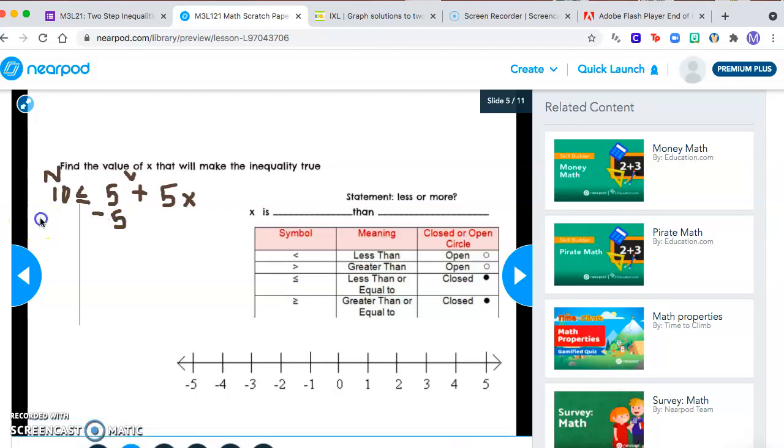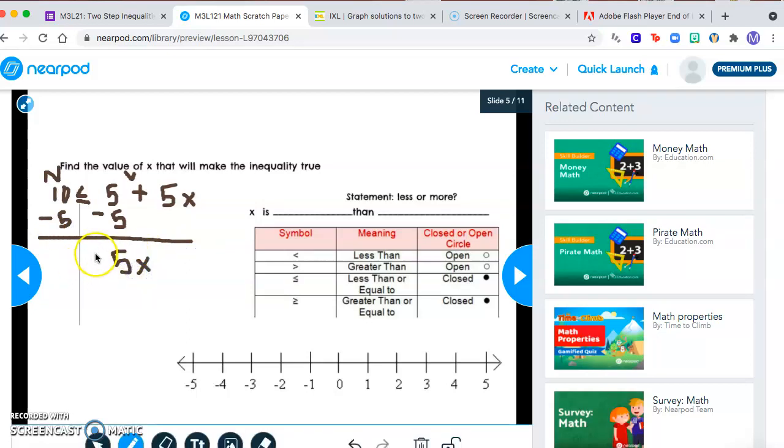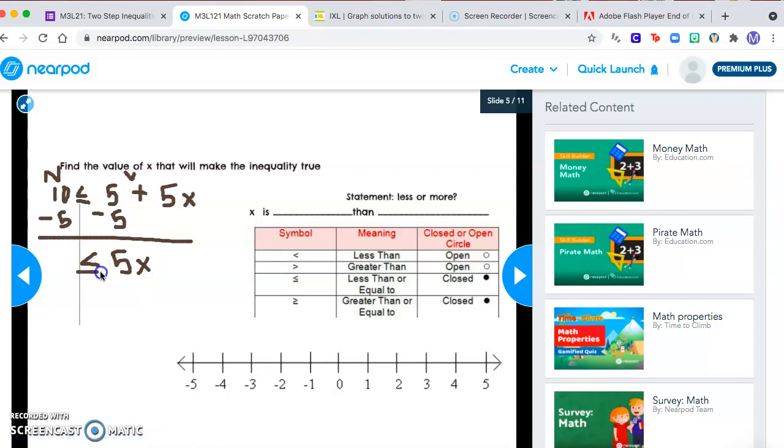So here, for example, you would subtract 5 on both sides, and then you would get 5x here is greater than or equal to 5, and we would divide, right, because you're trying to figure out what times 5 gives you 5, and you kind of already know that.